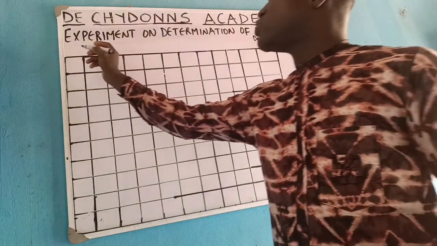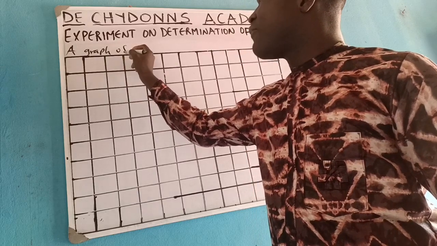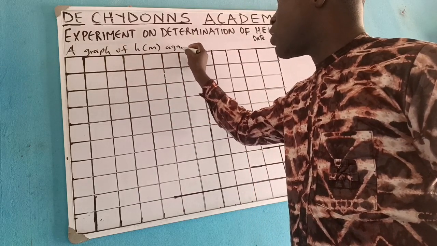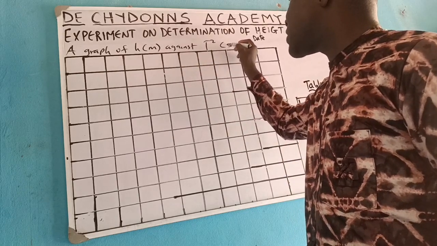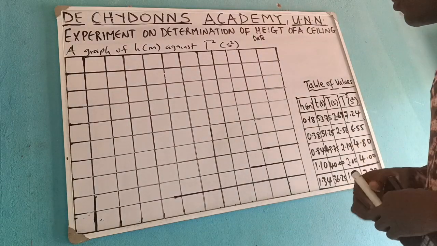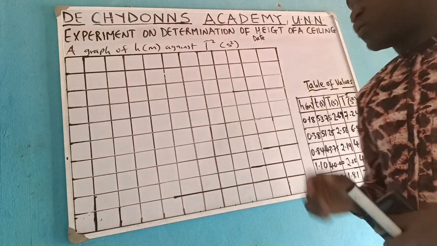Then write a title. A graph of h in meter against what? Against t square in what? Second squared. Are you getting it? Then what you need to do is to choose appropriate scale.